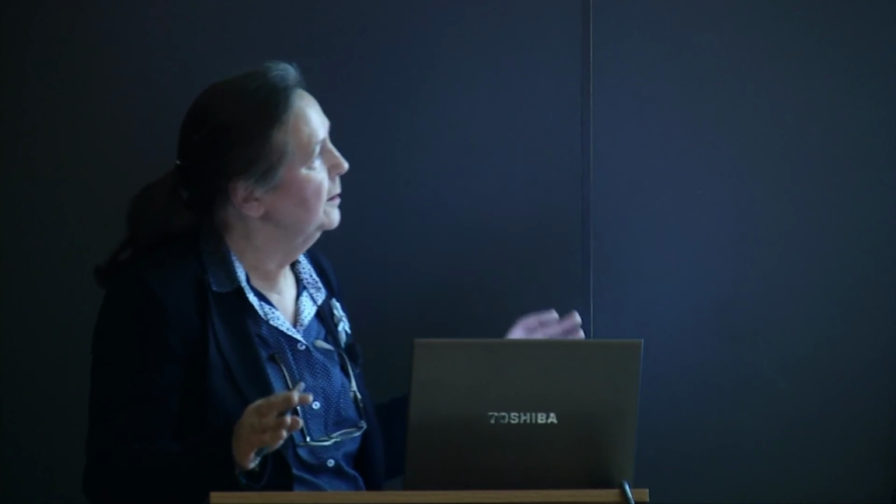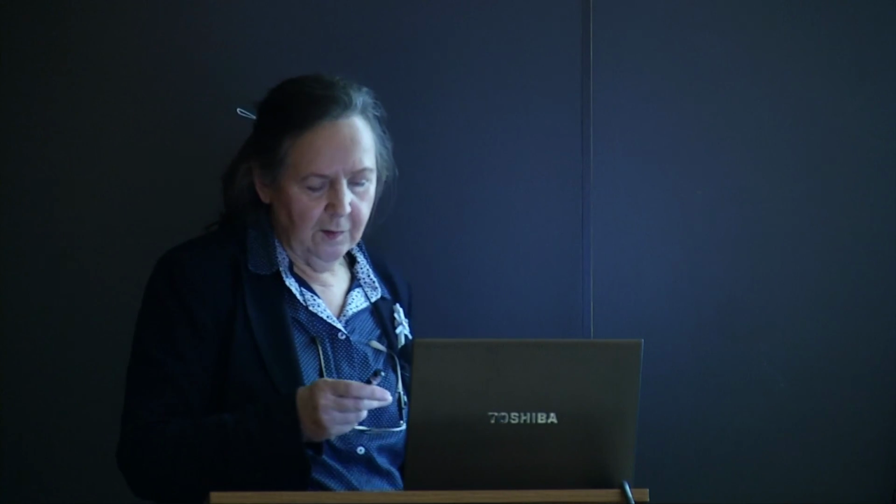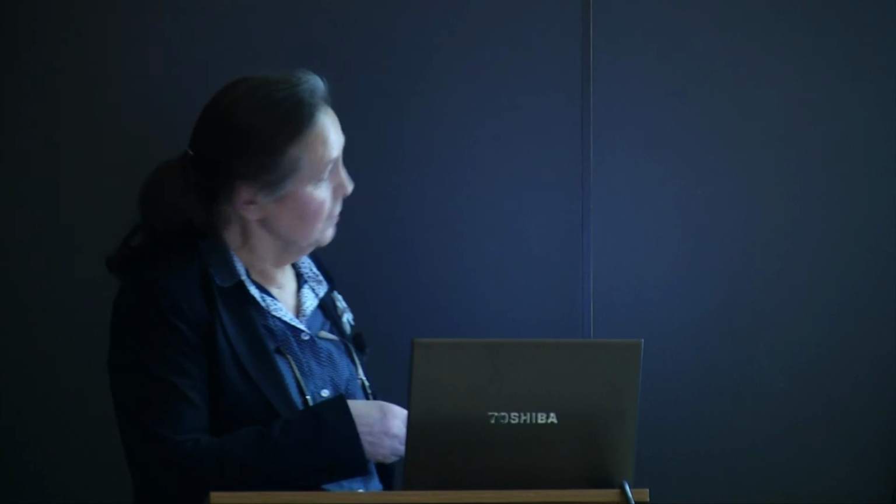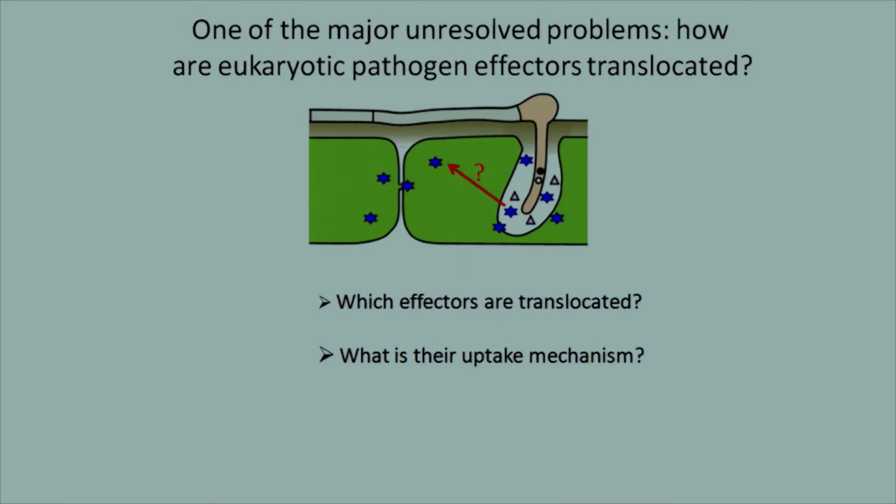So just from bioinformatics, we have not been able to classify the effectors and say these ones are apoplastic and these ones are cytoplasmic effectors. So I will now try to convince you that we have an assay that allows us to do that. And the result of this assay came and is quite a surprise.